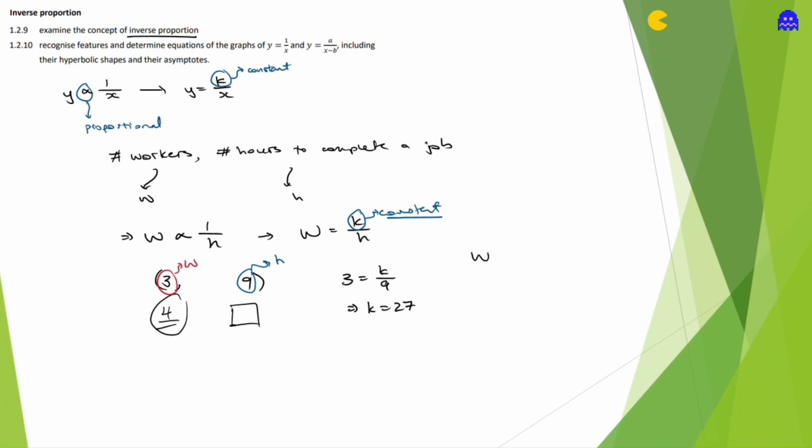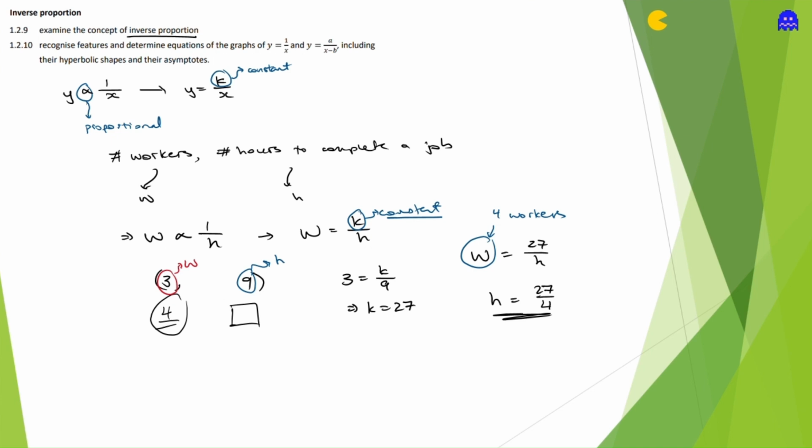And so our workers will be equal to 27 divided by H. And so as a result, if we now have 4 workers, then the number of hours to complete the job, H, will be equal to 27 over 4. And this is the concept of inverse proportion here.